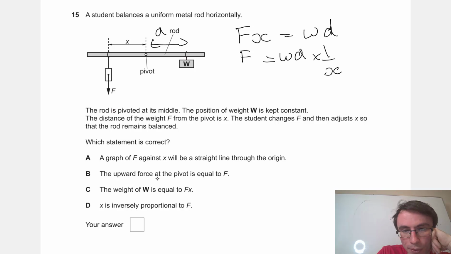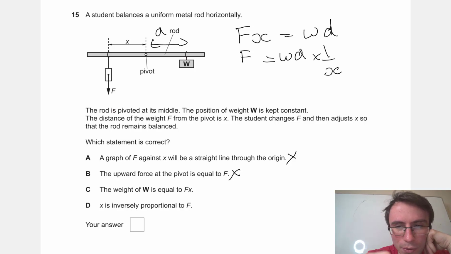The upward force at the pivot is equal to F. Is this correct? Well, the total upward force will have to balance the downward force. Seems potentially right, actually. Uniform metal rod. Oh well, no, it cannot be right, obviously, because it's going to be equal to F plus W. I forgot about W temporarily, so these two will not be correct.